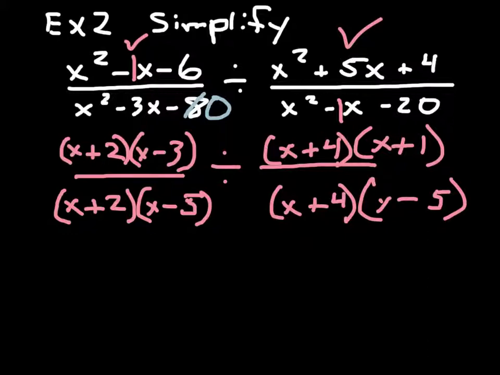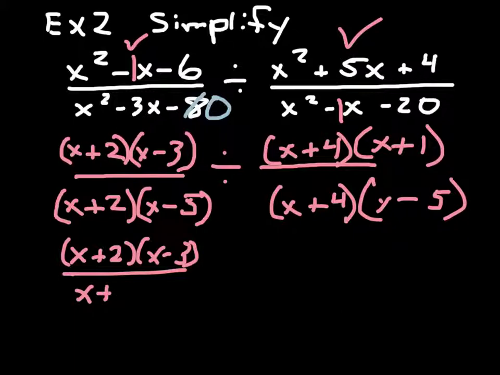All right, now what I need to do, before I can do anything with cross-canceling, I've got to make sure I write this as a multiplication problem. So I'm going to do that. So I have x plus 2 times x minus 3 over x plus 2 times x minus 5.